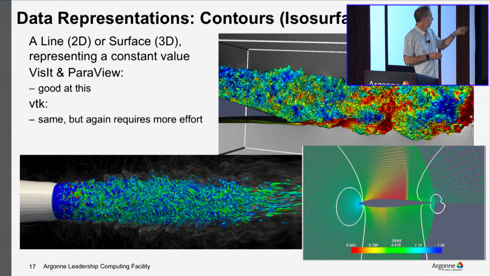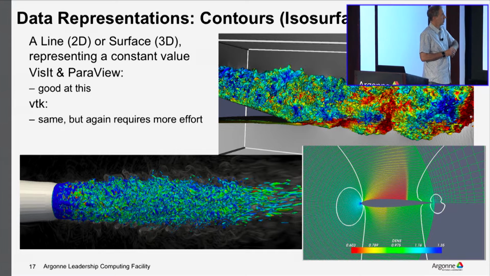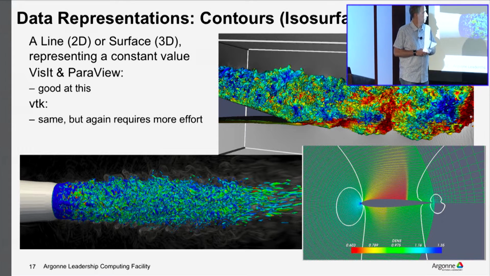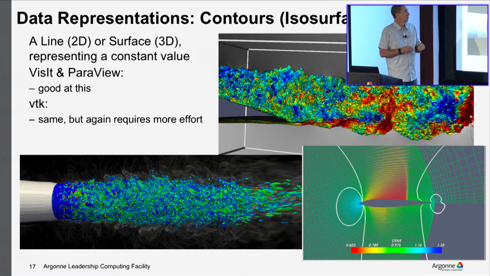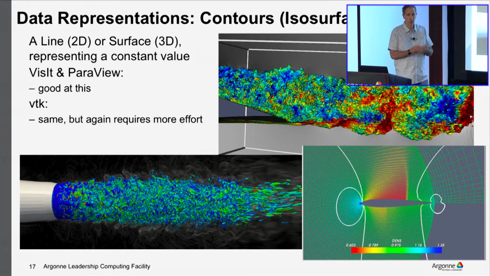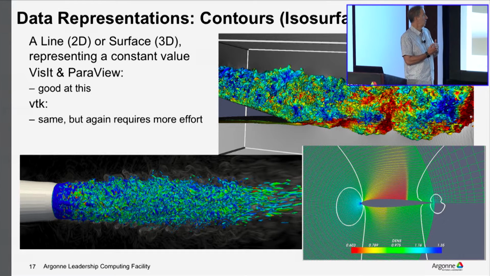And so I'll talk a little bit about a couple of different examples here. On the upper right there, there are multiple surfaces, each one of them colored by the value of that surface, right? So there are multiple isosurfaces, as opposed to the lower one on the left, where there's actually a single surface, but then we can also project a second variable onto that surface.